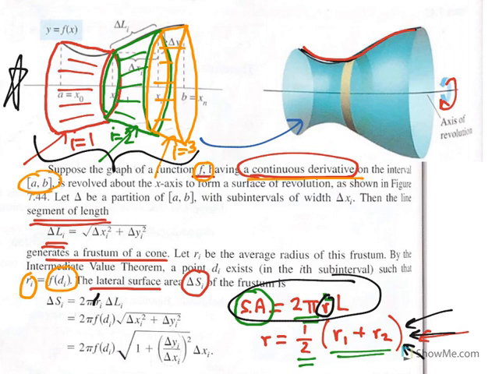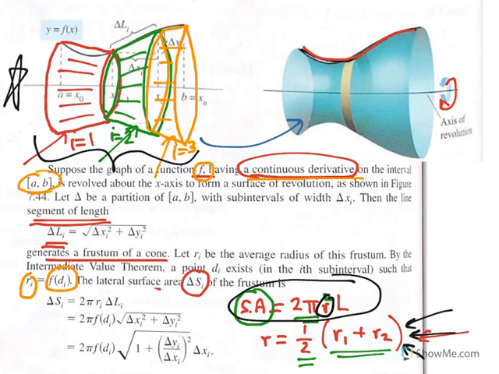And we're saying by the intermediate value theorem, there is a particular x value from the ith subinterval, so that if you evaluate the function at that x value, it will be exactly equal to the average of the 2 radii. So we're able to make this substitution for r sub i with f of d sub i using the intermediate value theorem. And of course, what is delta L sub i? It is the length of the line segment that is approximating our continuous curve, and that is given by the distance formula.